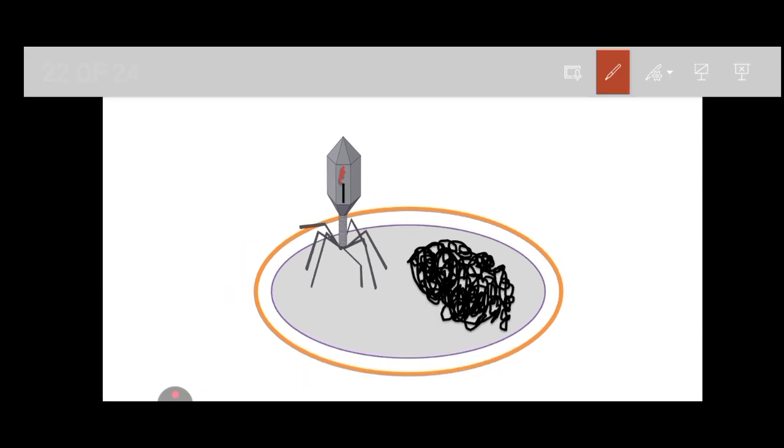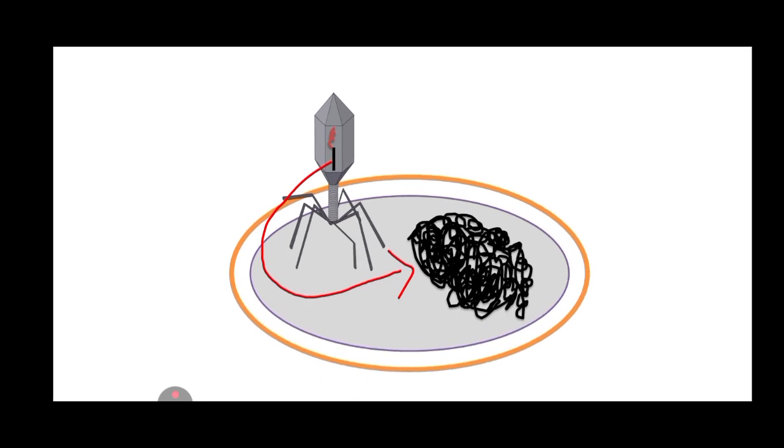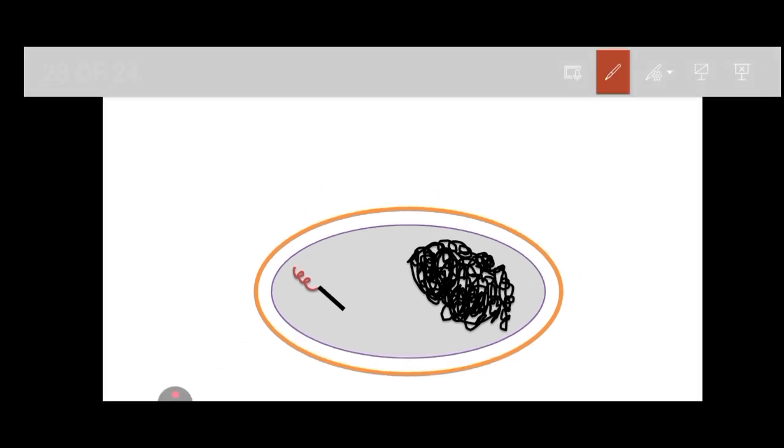You can see the hybrid genome in the cytoplasm of bacteria, and this will undergo recombination into the host chromosome in specific locations.